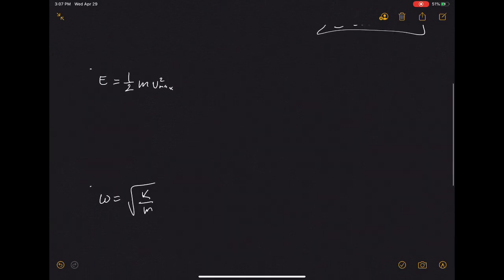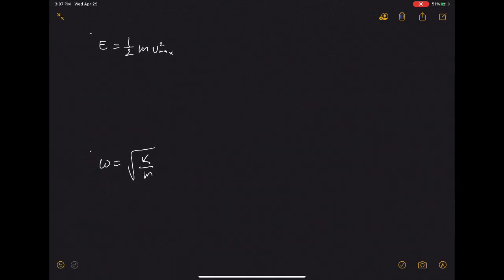For part B, it's asking to use the energy conservation to find the maximum speed of the glider. So here we know that energy is equal to half m v squared. So we're going to use that formula. We just have to solve for the velocity. v max is equal to the square root of 2E over m.